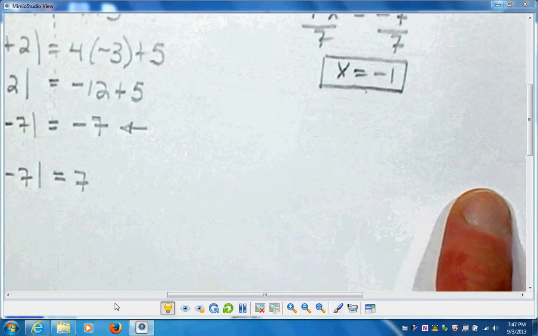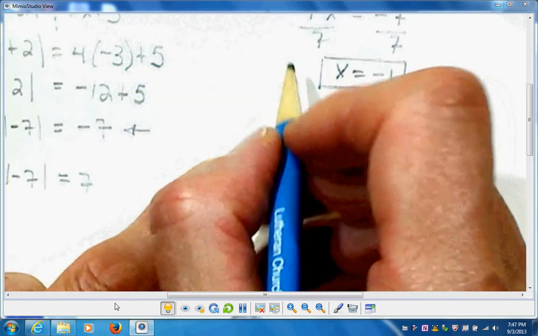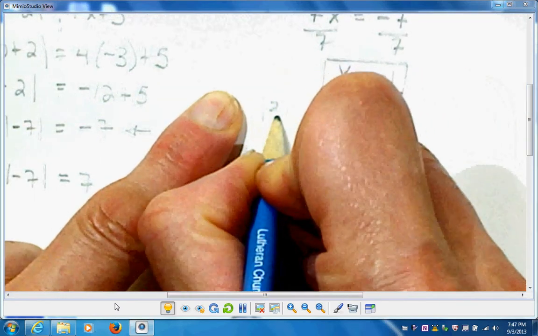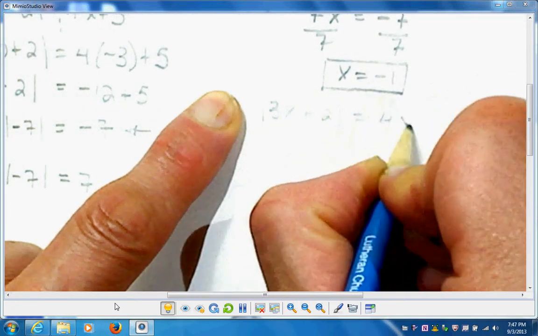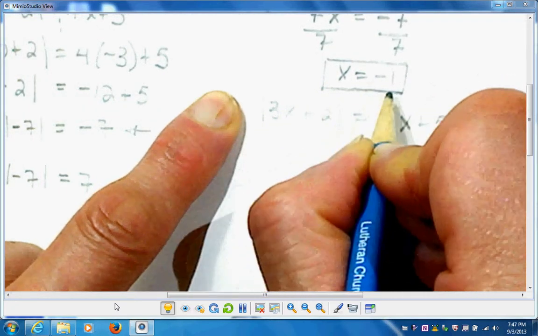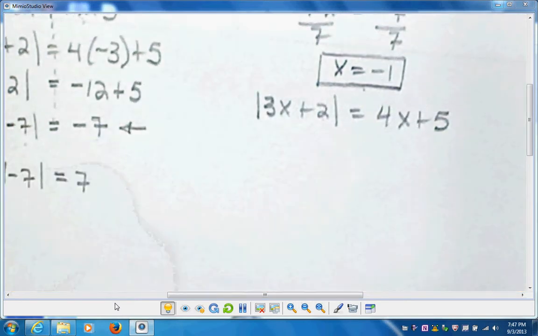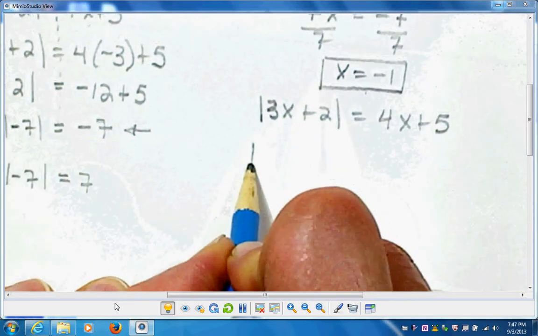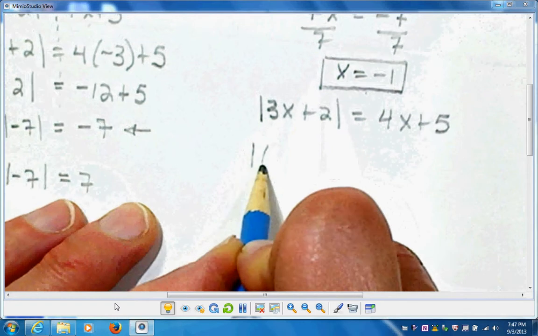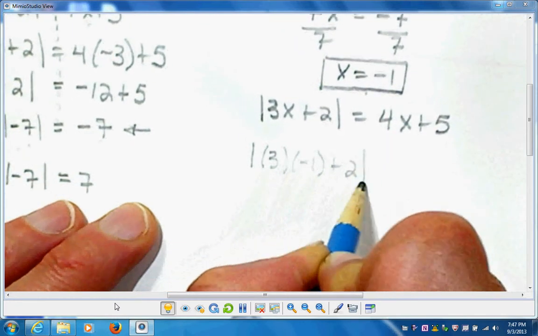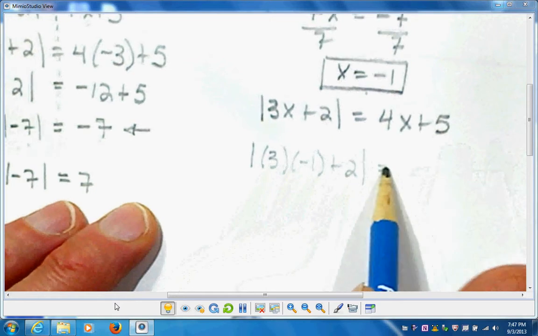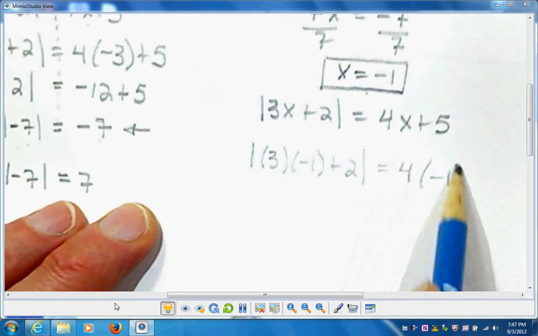Okay, well, let's check with negative 1. We're going to do the same thing with negative 1. Our original equation was the absolute value of 3x plus 2 is equal to 4x plus 5. Let's substitute that back in. So that means the absolute value of 3 times negative 1 plus 2 equals 4 times negative 1 plus 5.